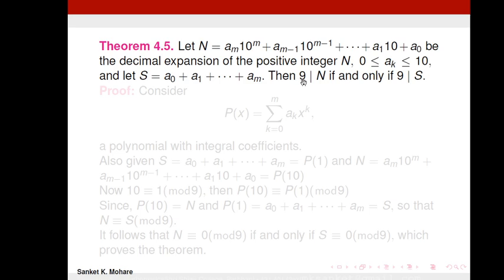Then 9 divides n if and only if 9 divides s. So n is the positive integer. Here the base is what? 10. So this n is in decimal expansion.